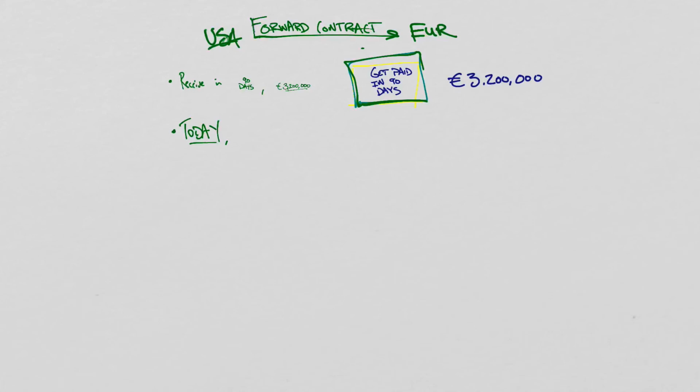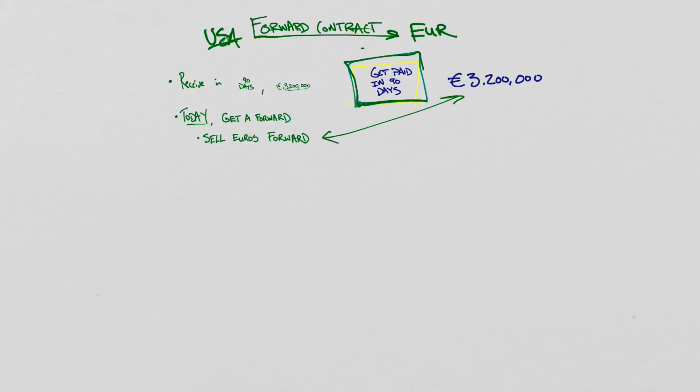And since we know that we're going to receive 3.2 million euros 90 days from now, we want to get a forward contract today that allows us to sell euros at a fixed, pre-specified price today. So we're locking in the rate at which we can sell those euros in exchange for dollars. But we're doing that today. However, the transaction doesn't actually occur until 90 days from now, unlike the money market hedge.